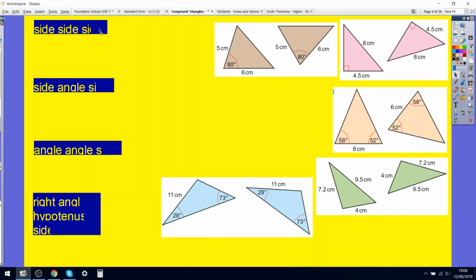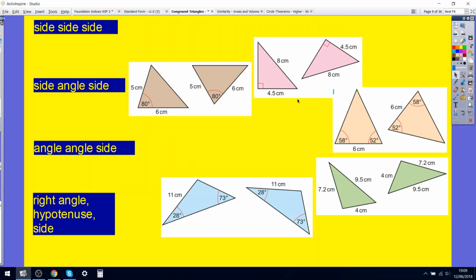So let's say this one here. Which one would this be? That would be side, angle, side, I think. Yeah, they both have 5 and 6 and 80 degrees between them. So those two are congruent for the reason side, angle, side. How about this one? That would be right angle, hypotenuse, side.